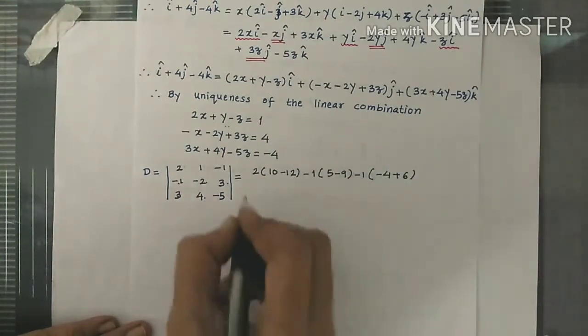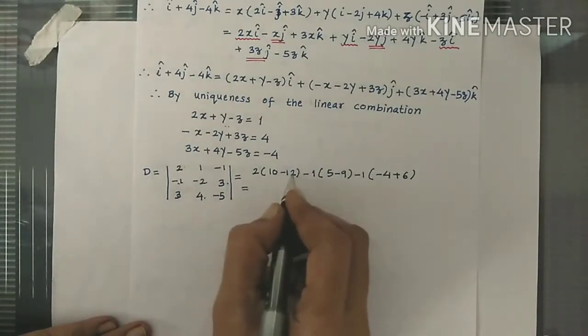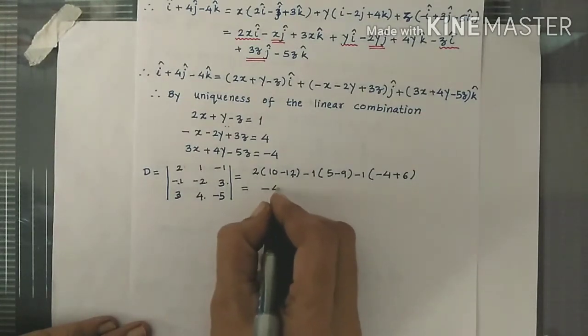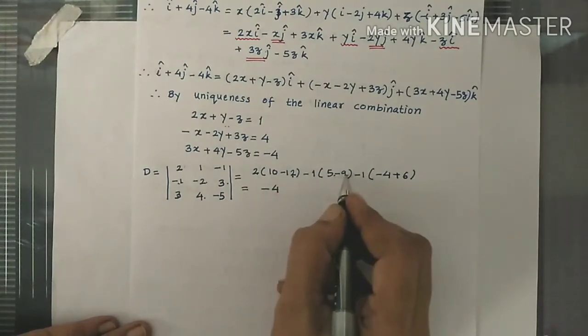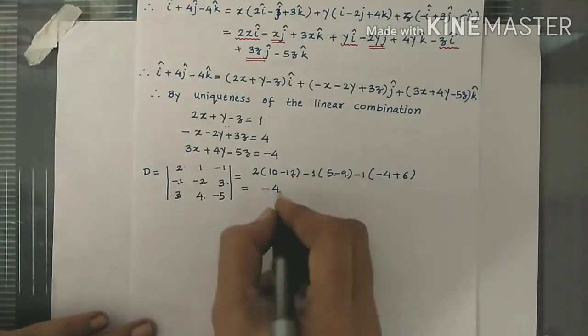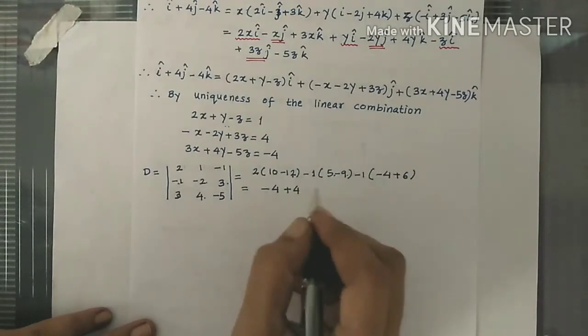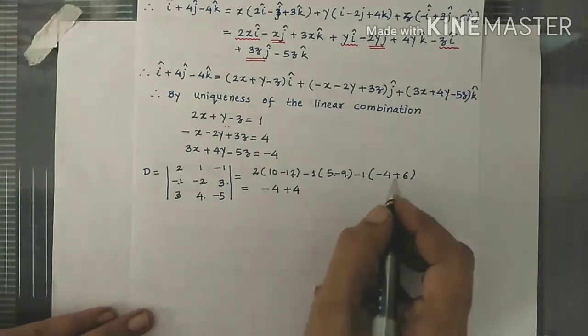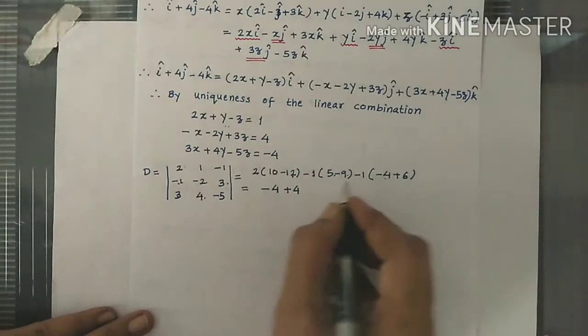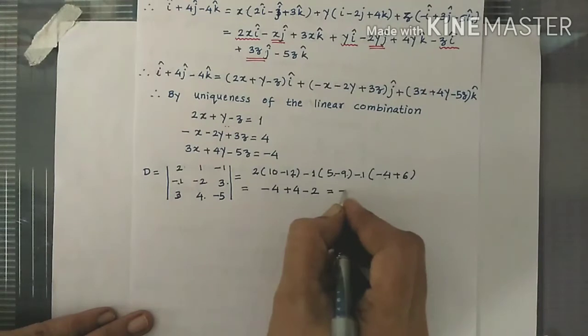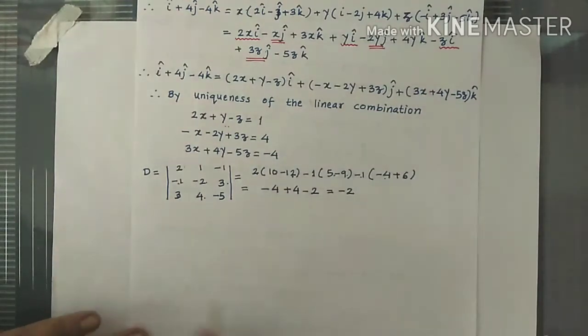Solving this, 10 minus 12 is minus 2, minus 2 multiplied by 2 is minus 4. 5 minus 9 is minus 4, but here we have a minus sign, so minus minus becomes plus 4. So these two terms get cancelled. 6 minus 4 is 2 and we have a minus sign here, so minus 2. So the value of D is minus 2.